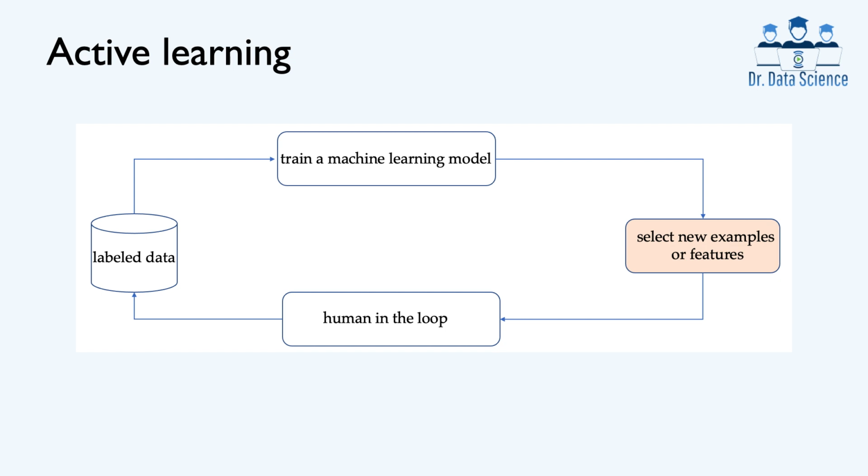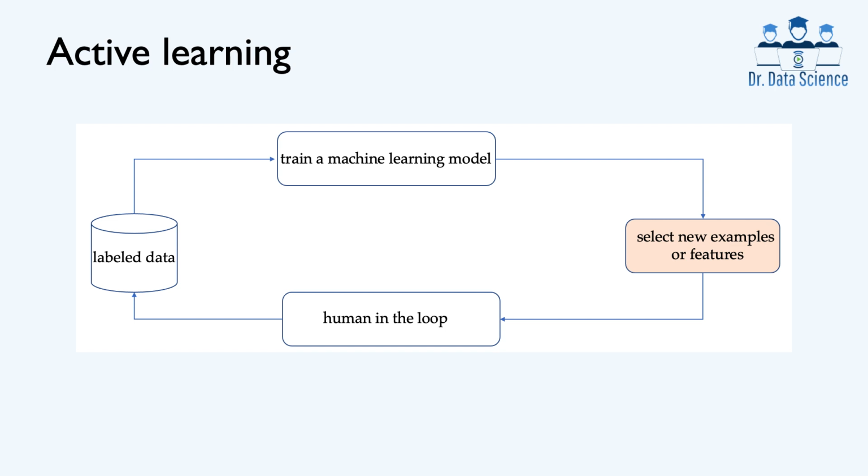And then after that, instead of just simply reporting accuracy of our model, we decide whether we need new features or we have to exclude some features from our dataset. We can also decide if we need new labeled examples or instances in our dataset.